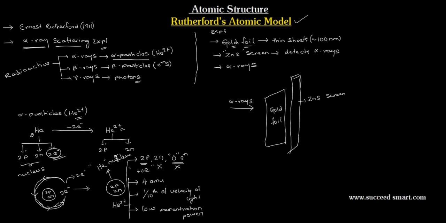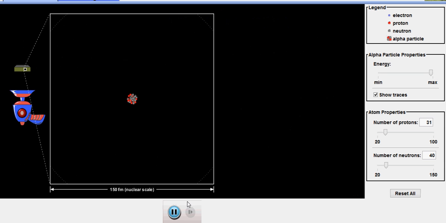Now we shall go through an animated video so that you will get more information on the experiment performed by Rutherford. If you see this animated video, you can observe a few things.